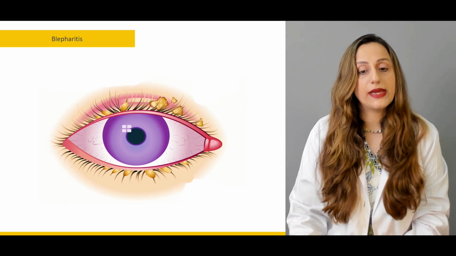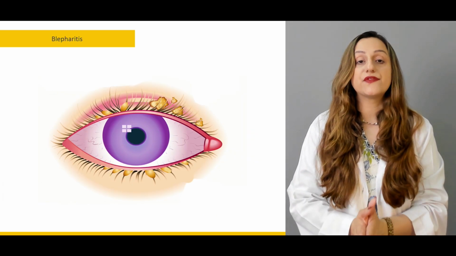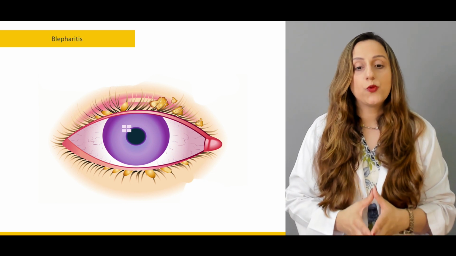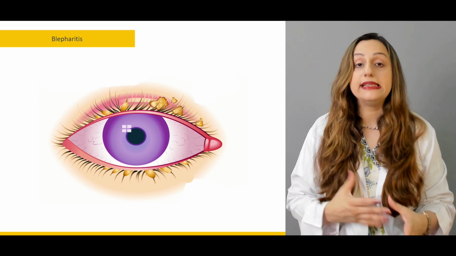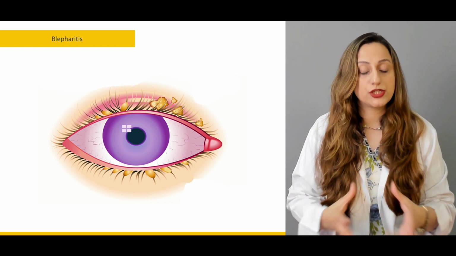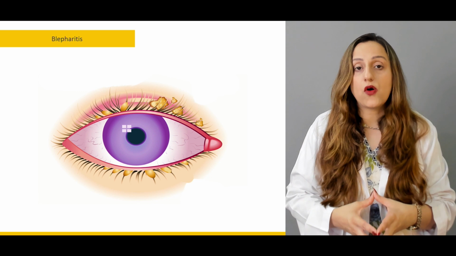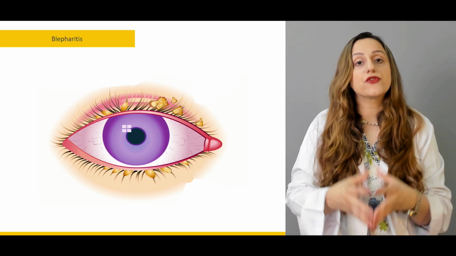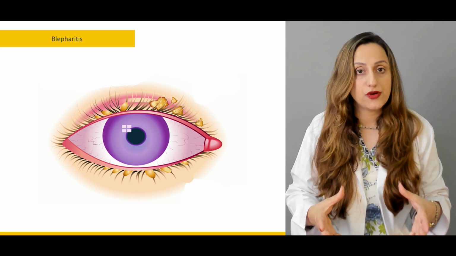On the other hand, we have blepharitis. Blepharitis is a very common condition involving the lid margins, and that is the main source of infection in this kind of condition. The mainstay of diagnosis is the crusting that the patient gives a history of.